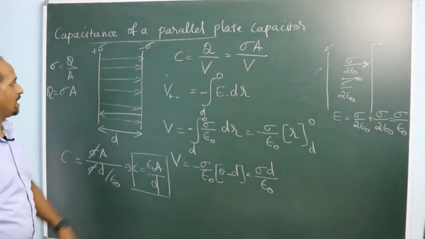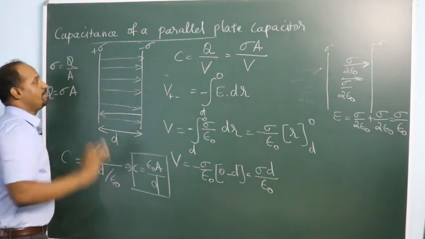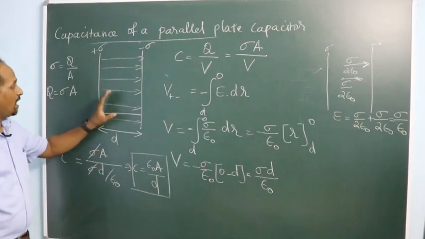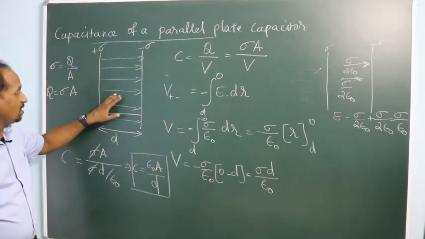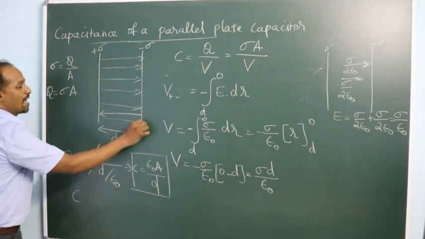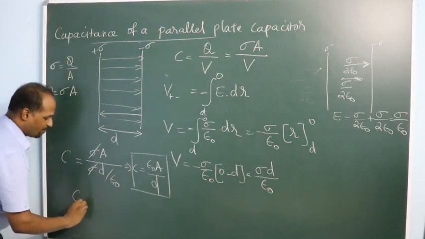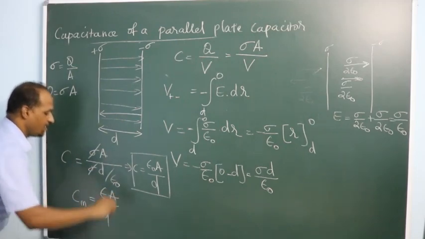Suppose in this whole setup, you fill the entire gap with a dielectric medium, and the dielectric medium's permittivity is epsilon. Then the capacitance of a parallel plate capacitor filled with the dielectric medium, C medium, will be equal to epsilon A by d.